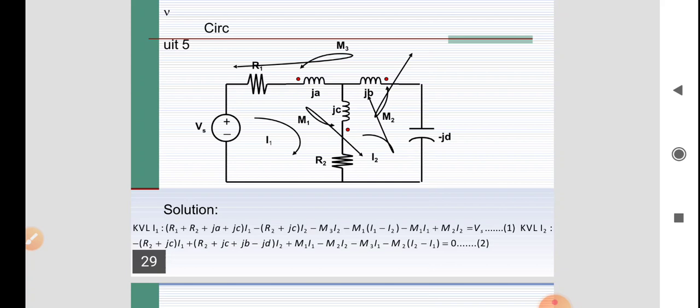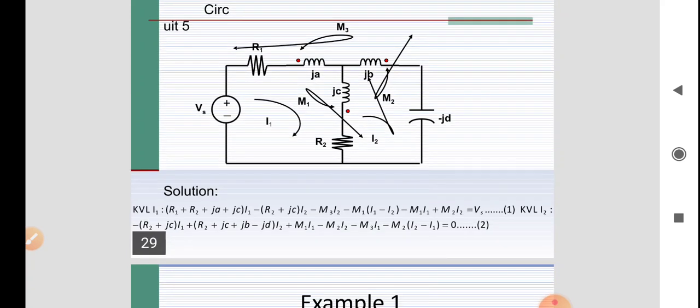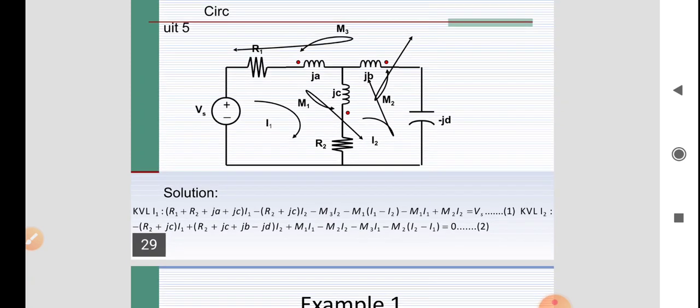So that is the reason we need to write down only the I1. So minus M1 into I1. Similarly, in order to write down the next equations, here we need to check how the current is flowing from the first dot towards the second dot, followed by the opposite current.